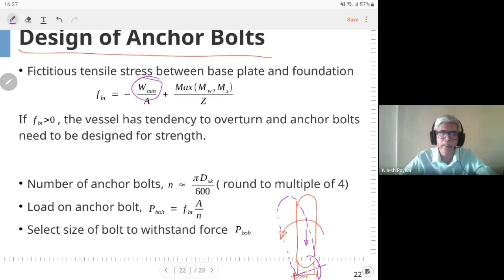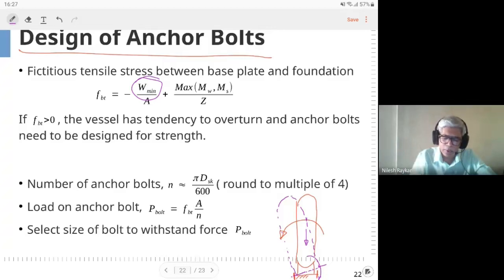Why are we considering lightest? Because in that case, the capacity of the self weight to bring back the vessel to the vertical position is least. So that is why in this calculation, instead of the highest weight as in all other calculations, we are considering the minimum weight, because that will cause the highest tension in the bolts.